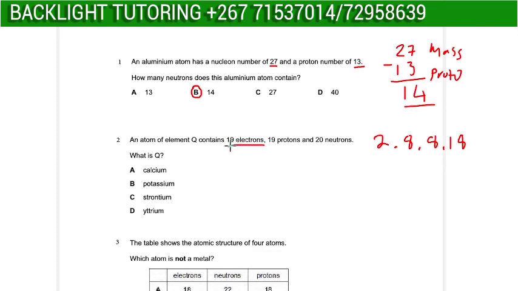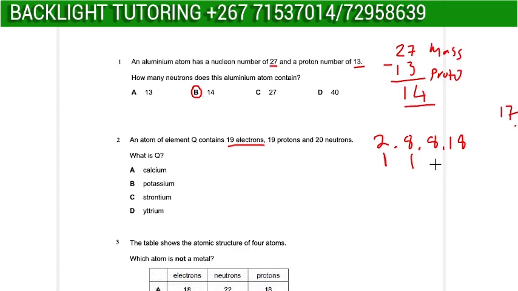So by just looking at 19, when we remove 2 from 19, we remain with what? 17. And then when we take 8 from 17, we remain with 9.